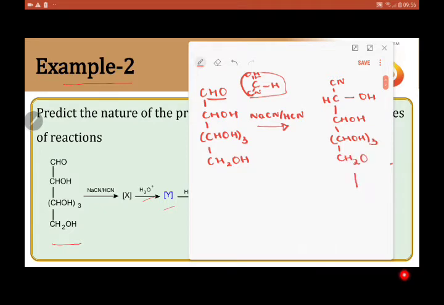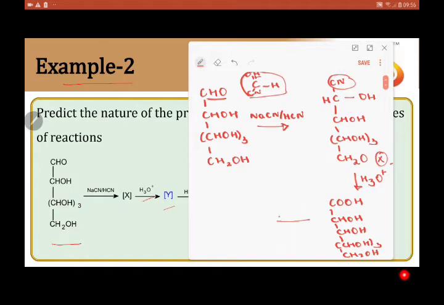Next we are carrying out hydrolysis. So this is compound X. On hydrolysis, the cyanide group hydrolyzes to a carboxylic group. So COOH, and then we have CHOH, another CHOH, and CHOH 3 times, and finally CH2OH.